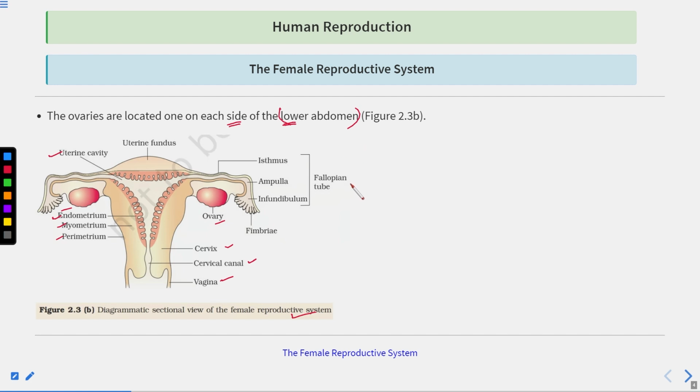This is the fallopian tube. These are the parts of the fallopian tube: isthmus, ampulla, and infundibulum. We'll talk about this also. This is fimbriae. So you have to remember all these terms. This is the sectional view of the female reproductive system. Clear? Now let's move on.